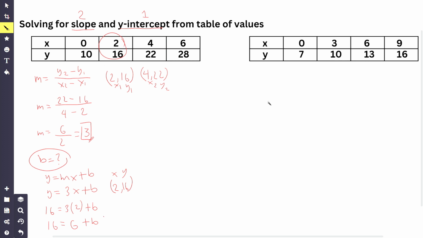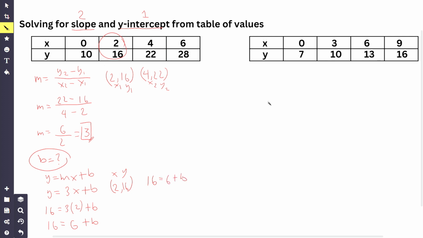Now it says 16 equals 6 plus b. Actually, without doing any computations, we can use some logic here. b is a variable, an unknown number. So what's that number that when you add to 6 will become 16? We will think it's 10, right? But let's say we do it the mathematical way. I will just rewrite 16 equals 6 plus b.